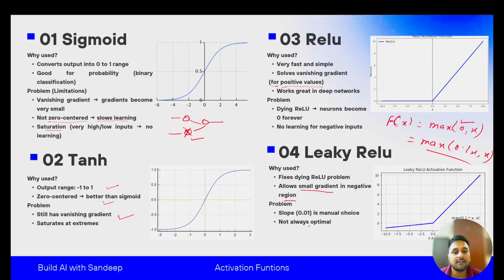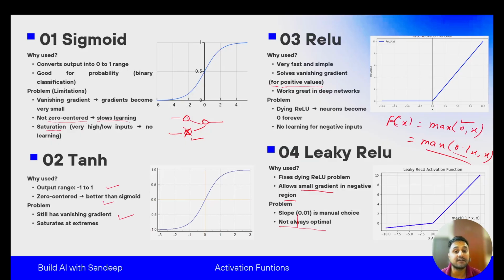But this also has the limitation that the 0.1 is fixed. It is not a constant given by theory. It is just a chosen constant.